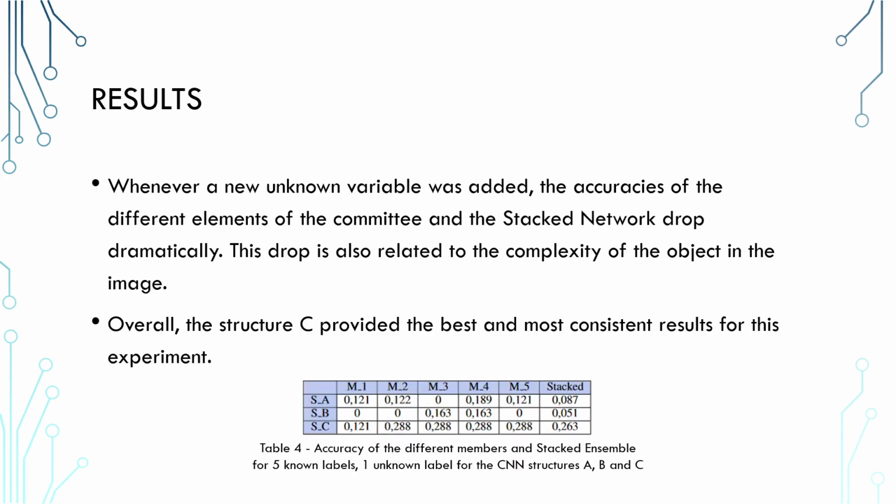Another key point was that whenever a new unknown label was added, the accuracies of the different elements of the committee and the stacked network dropped drastically. This may be due to the complexity of the object, where a tree is visually more complex than a traffic sign, for example, due to the different branches and leaves that make it up. Overall, our third convolutional neural network provided the best and most consistent results for these experiments.